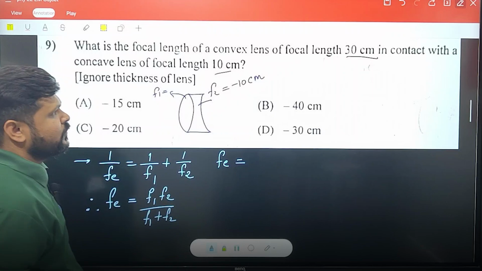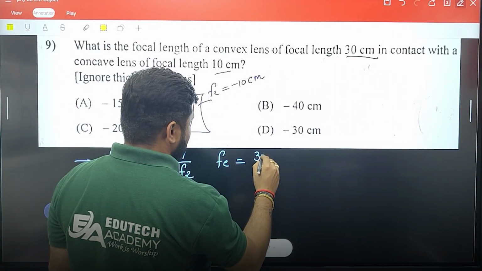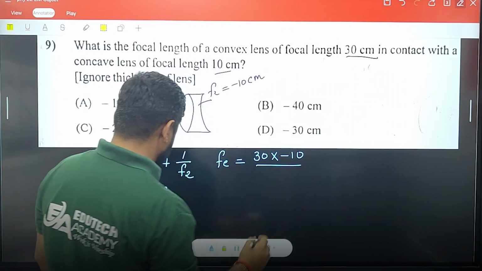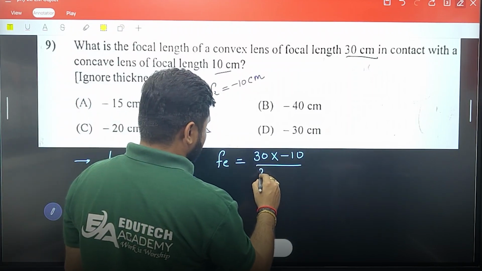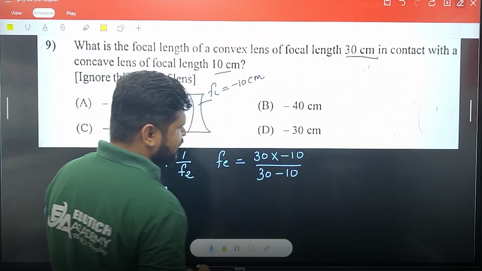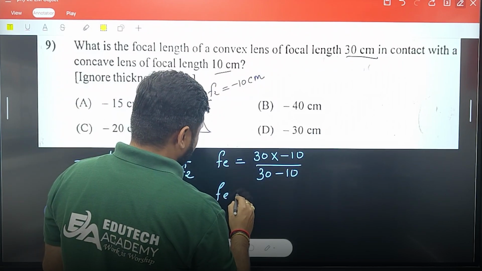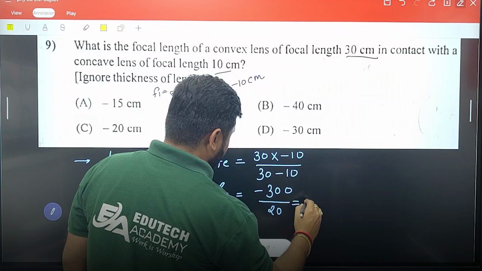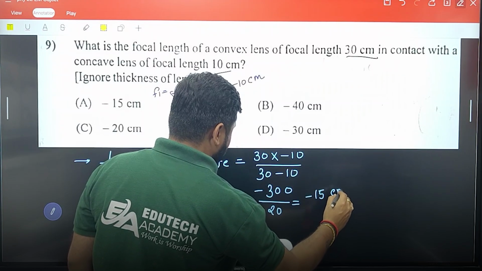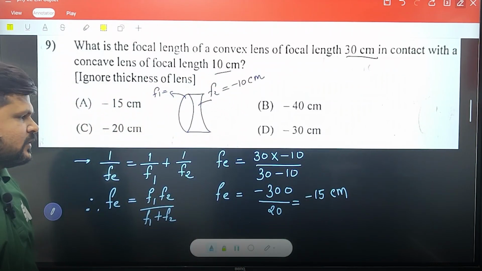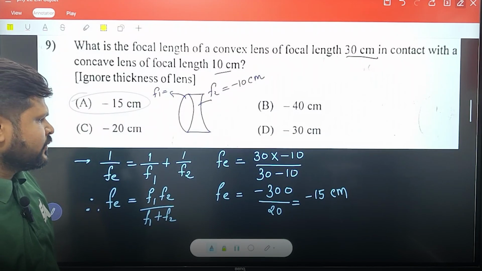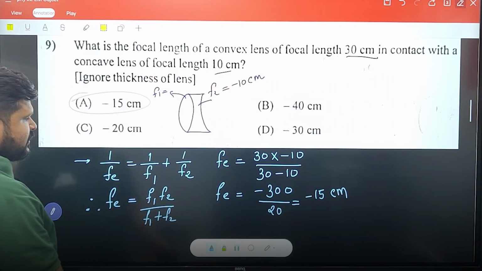The value of f1 is 30 into f2, that is minus 10, upon f1 plus f2, that is 30 plus minus 10. So the equivalent focal length will become minus 300 divided by 20. So it will become minus 15 centimeter. So your correct option is option A, minus 15 centimeter. So this is MCQ number 9.